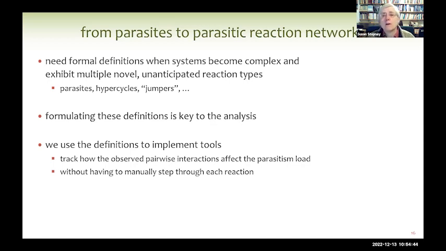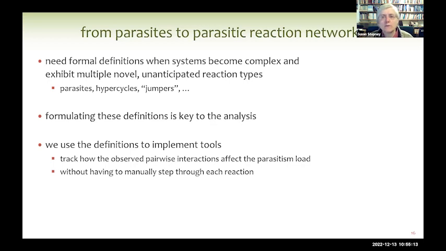It's a property of either a reaction or even a whole reaction network, but this is a replication network, or this is a parasitic network reaction. We gave formal definitions of what we observed happening. So we had to have formal specifications of parasitism, of hypercycles. There were a bunch of other things that we noticed happening as well. And actually formulating these definitions was key to the analysis that we were doing.